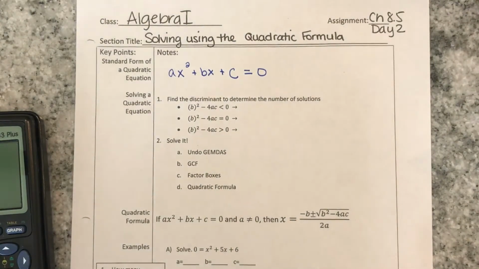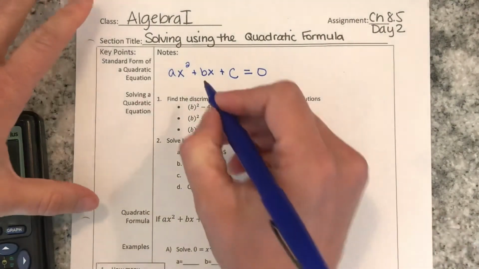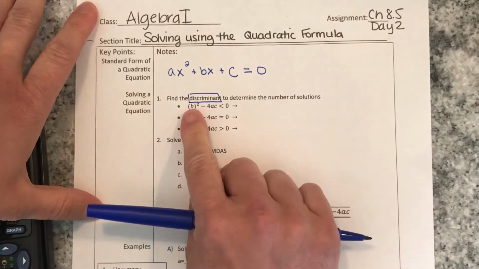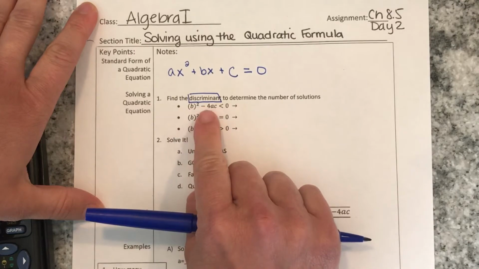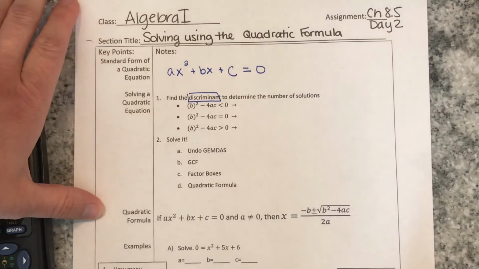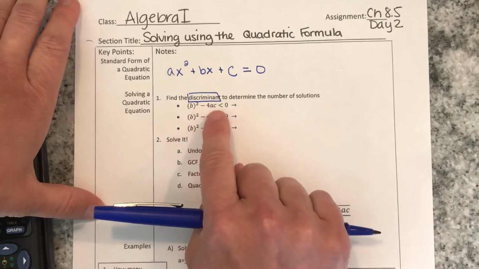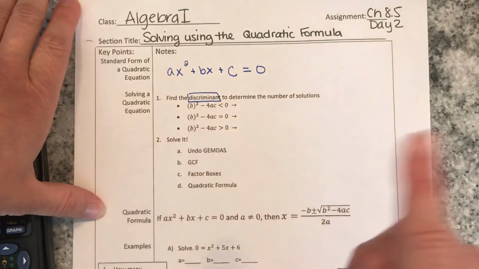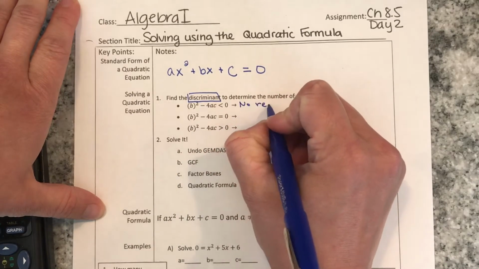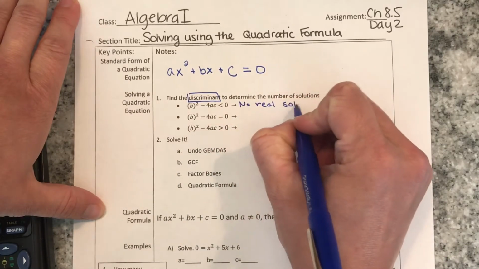Last week you went through and looked at stuff with the discriminant. So the discriminant is b squared minus 4 times a times c. And we came up with 3 different scenarios. If your discriminant is less than 0, so it is a negative number, you have no real solutions.